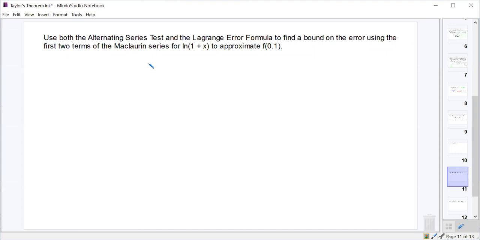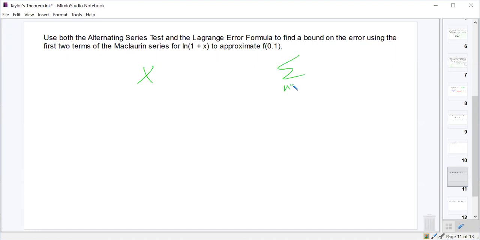What does your series for natural log of 1 plus x look like? Right, so what's the first term? It equals x. The first term of that series is x, right?